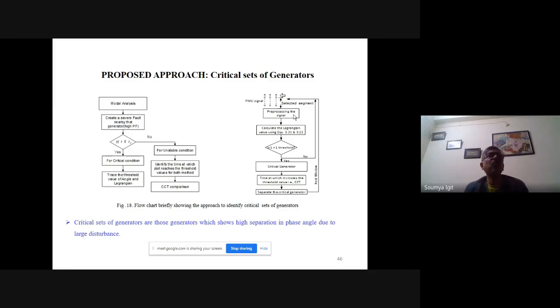So these are all concatenated. Correspondingly, unless the critical generators get identified, it is very difficult to interpret the stability of a wide area network.